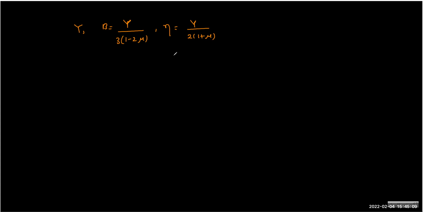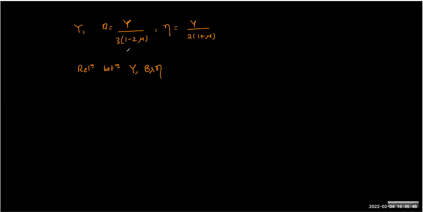So every modulus of elasticity for a solid body we can always express in terms of Young's modulus. So by eliminating the common variable mu, we can obtain the relationship between Y, B, and eta. So we can use the last two equations, and that's easy.